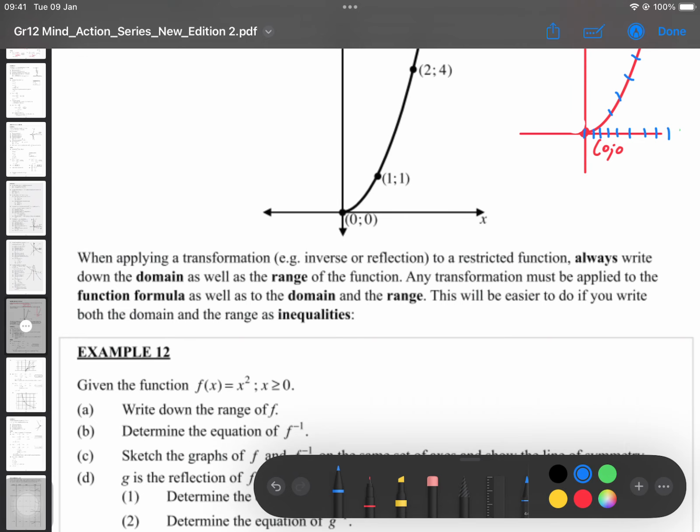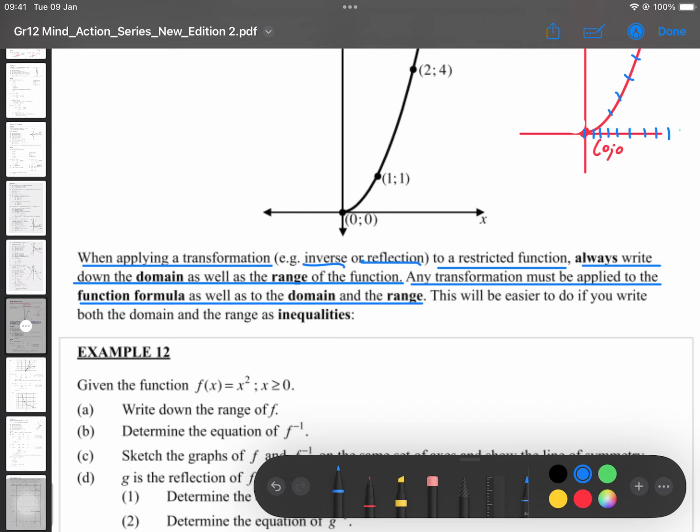Now, when applying transformations, that is when you want to find the inverse or the reflection of a restricted function, always write down the domain as well as the range of the original function. Any transformation must be applied to the function formula as well as the domain and range.